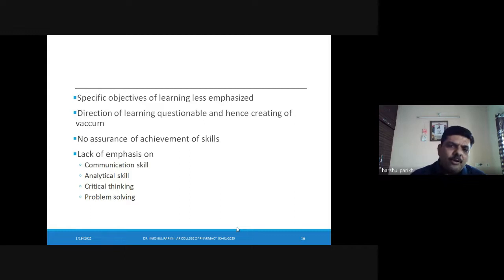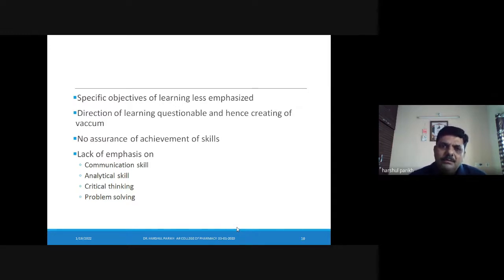So specific objectives of learning are less emphasized in this traditional system. There is no assurance of achievement of skills like critical thinking and problem solving. This kind of ability we cannot judge.